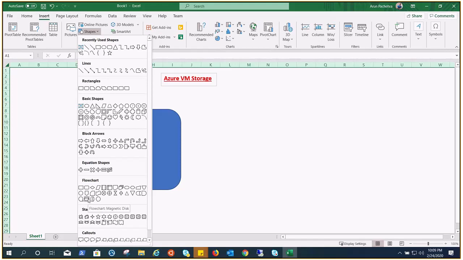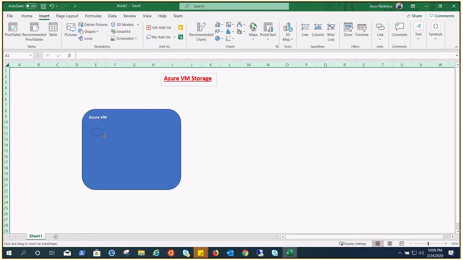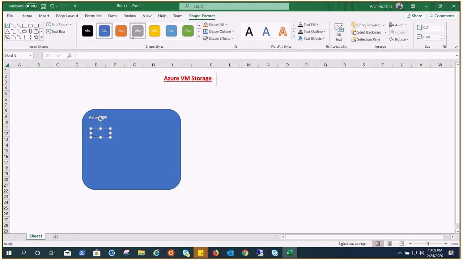Okay, so let me try to create a disk here just for the understanding. Let's do OS disk.